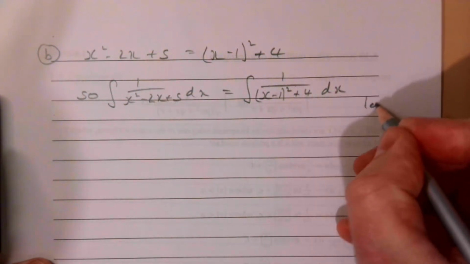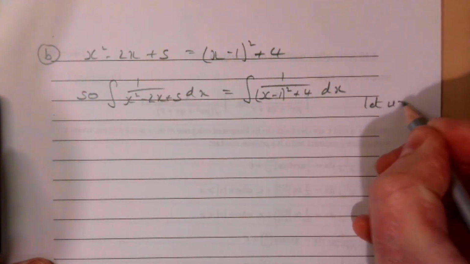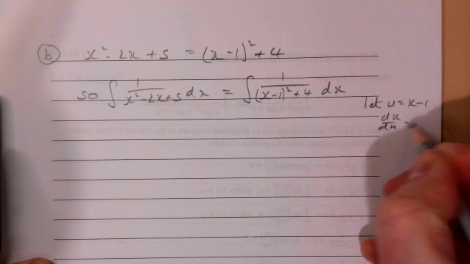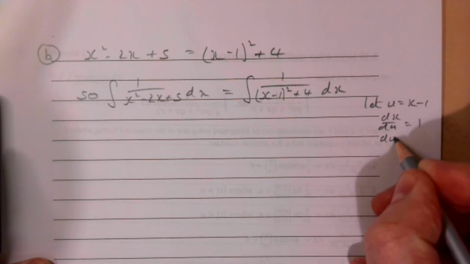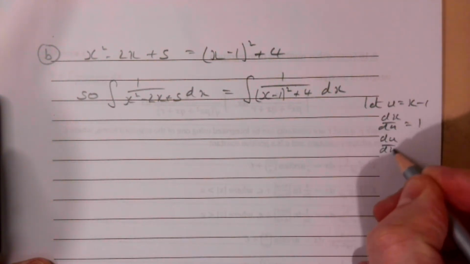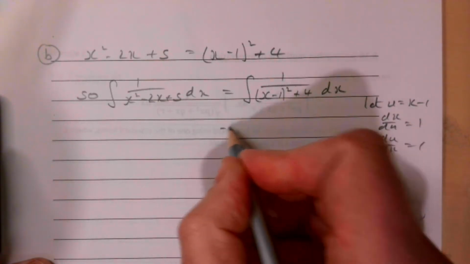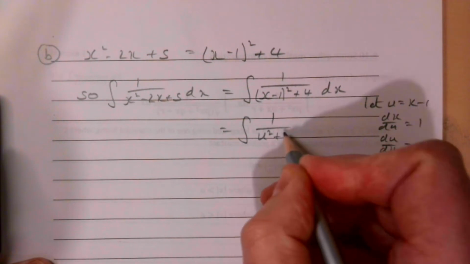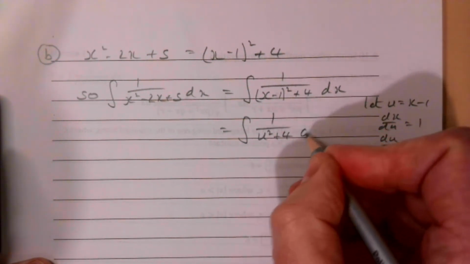I'm going to let my u equal x minus 1 again, obviously dx by du, you can see this okay as 1, du by dx is 1 as well, and so I get the integral of 1 over u squared plus 4 du.